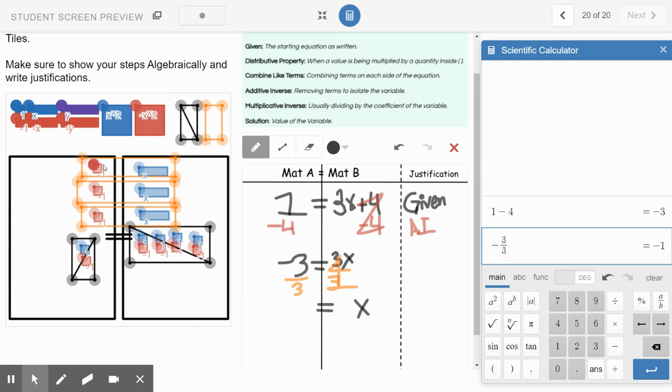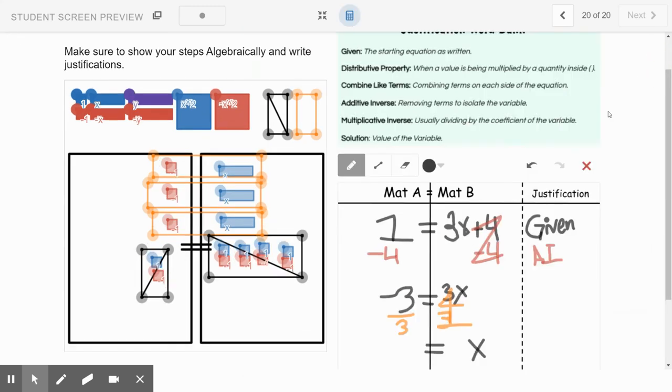And on mat A, I have negative 1, which is the same answer I got when I algebraically did negative 3 divided by 3, or negative 3 split into 3 equal groups. So whether you're looking at the tiles for your answer or whether you're using a calculator, you should get them both right.